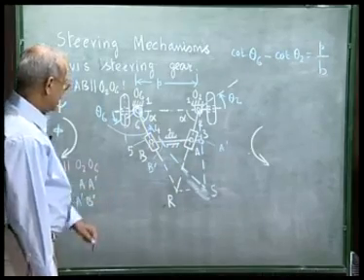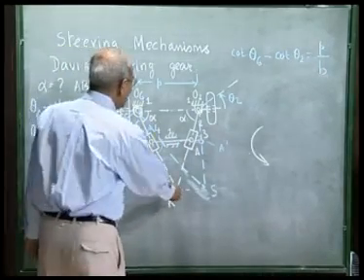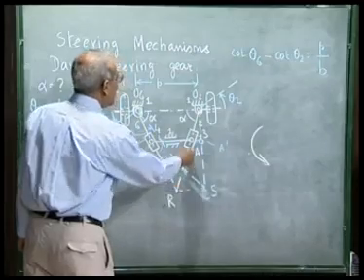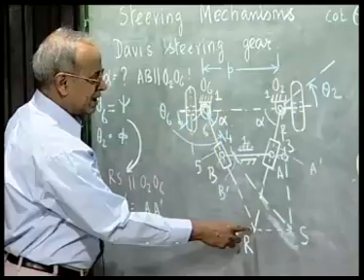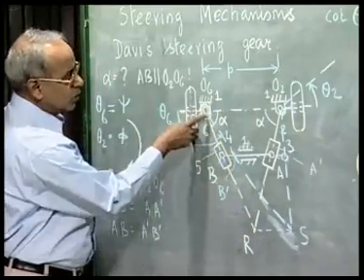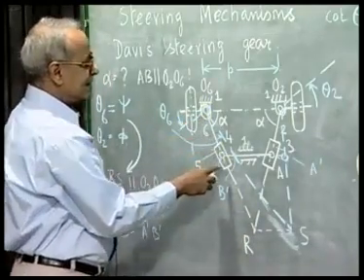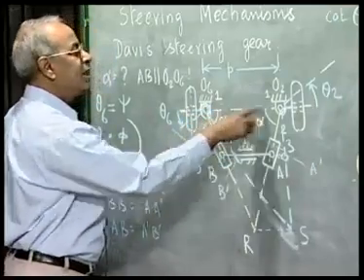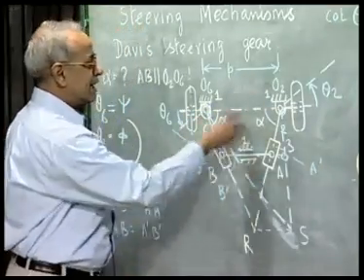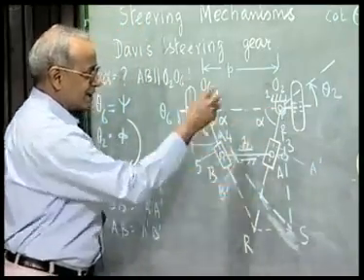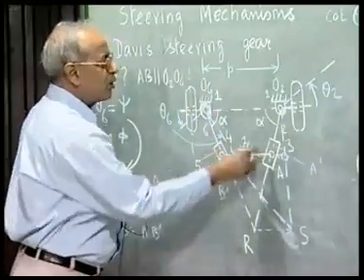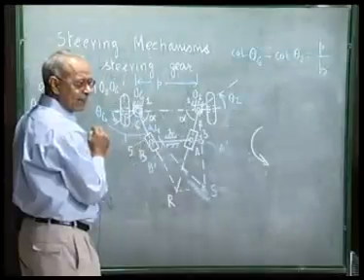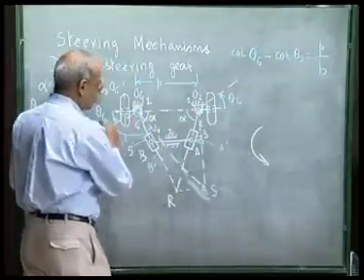So what we can write, that RA by O2R is the same as RB by O6R, is AB by O2O6, because this line is parallel to this. So these two triangles are similar triangles. RAB and RO2O6 are similar triangles, because AB is parallel to O2O6.